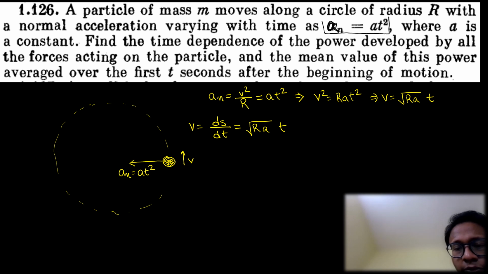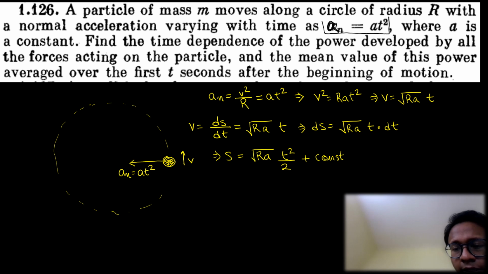So if I integrate this, ds is equal to under root of r a into t dt, or s is equal to under root of r a, t square by 2, plus some constant. The boundary condition is at t is equal to 0, s is equal to 0.